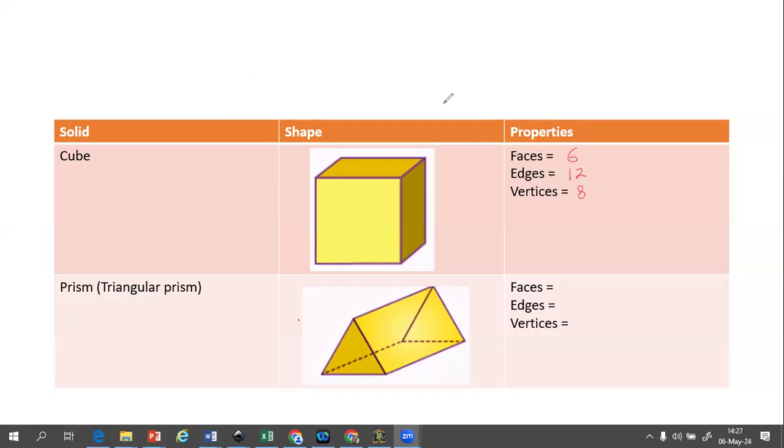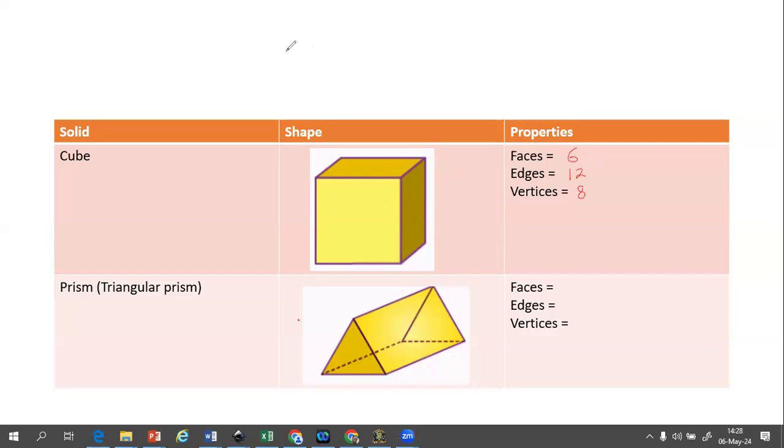For the prism. Any other person who wants to tell us? When you look at the prism, anyone who has identified something for the prism?